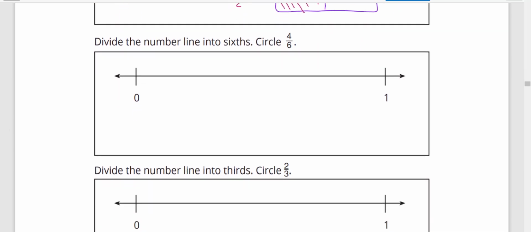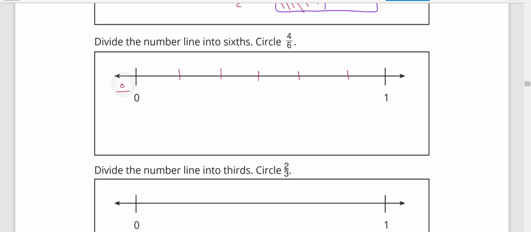First step, divide the number line into sixths. So we divide this number line into 6 equal parts like this. The first half is divided into 3 equal parts and the second half divided into 3 equal parts.